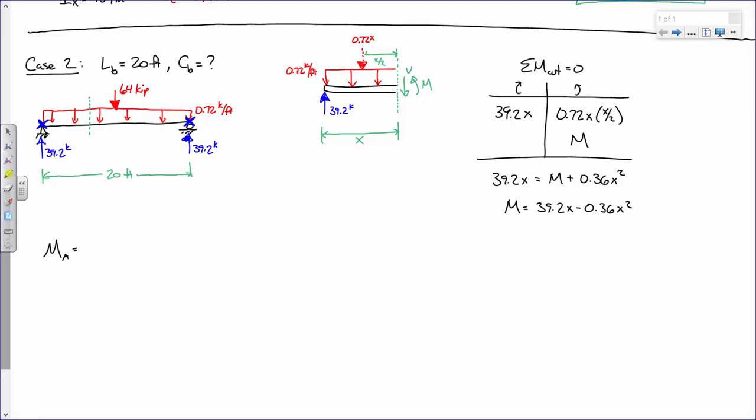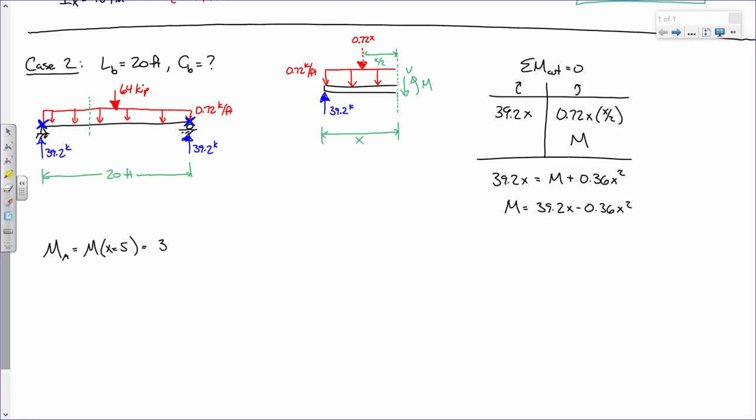You know the answer. X equals 5. We plug in x equals 5 because MA is going to be that quarter point moment. So this is x.